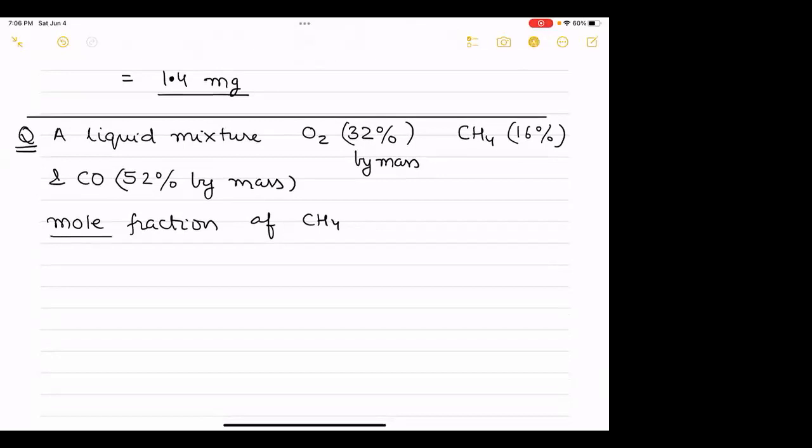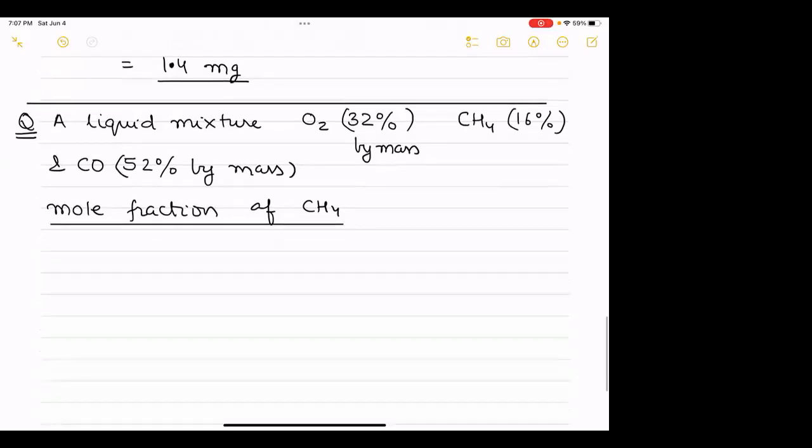Mole fraction you need to find out of the methane. Okay. So not only in this chapter, though I am starting with this chapter, but everywhere in other chapters also you will encounter the same condition where the percentage is given. Okay. So for simplicity, what I try to do is I take the total mass as 100 gram.